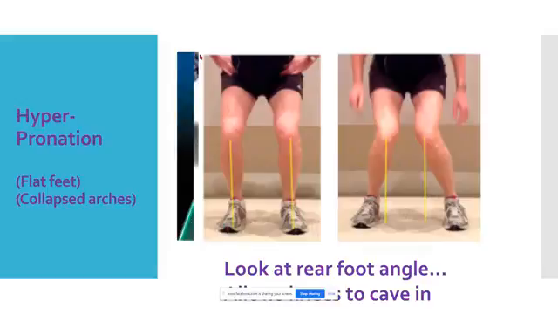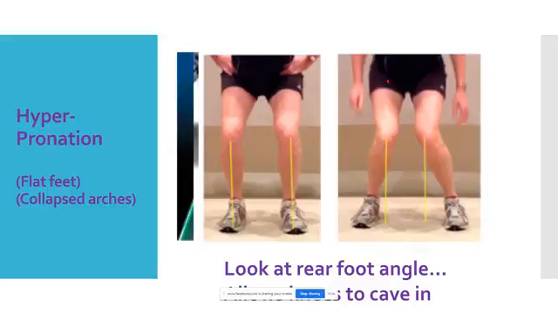Another way that you could self-assess if this is a problem that you have is by doing a squat and looking to see what happens at the knees. If your arches are collapsing, a lot of times your knees will cave in when you squat. Now, there's a little bit of a caveat here.